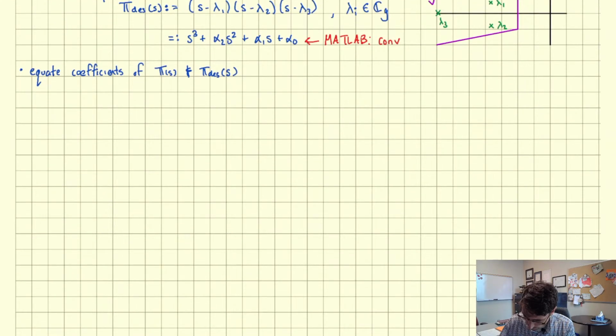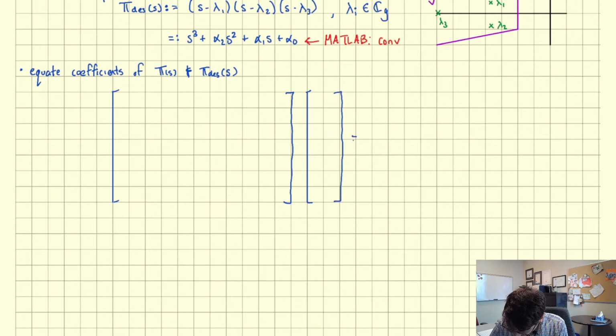So we get the following equation. Let me write it down and then we'll talk about it. Okay, so it's a linear equation, so I've written it as a linear equation.